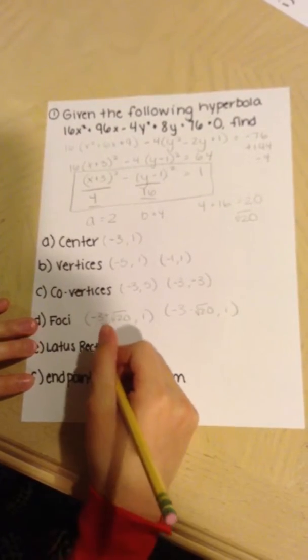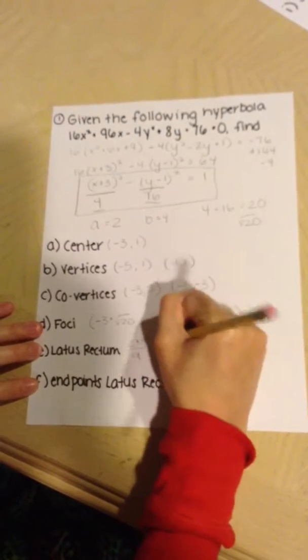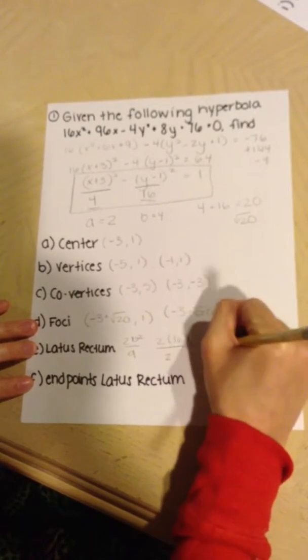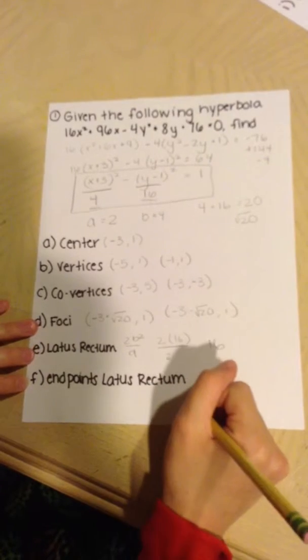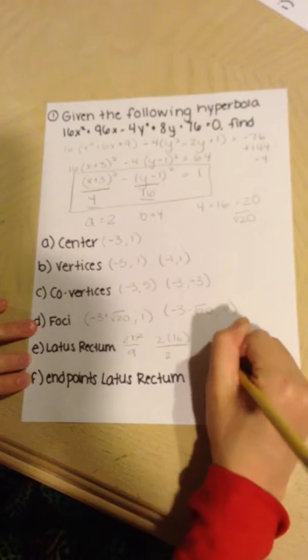Now for the latus rectum, that's 2b squared over a. 2b squared is 16, over a, which is 2. So the length of the latus rectum is 16. And now for the endpoints of the latus rectum, we have to add 8, plus and minus 8.